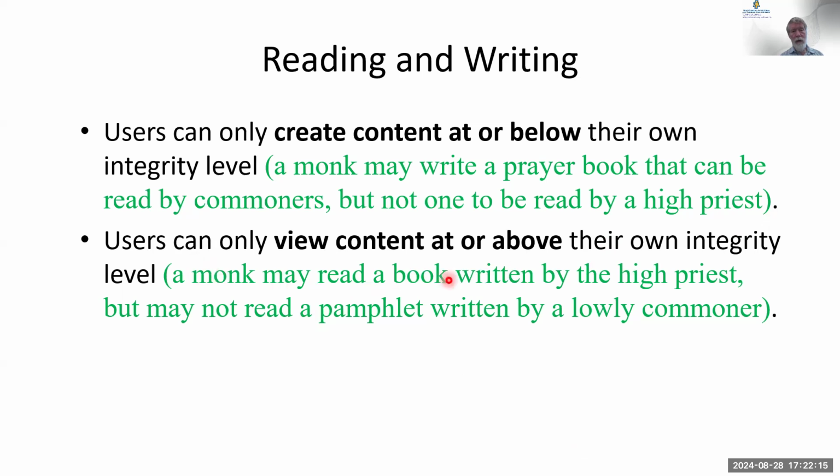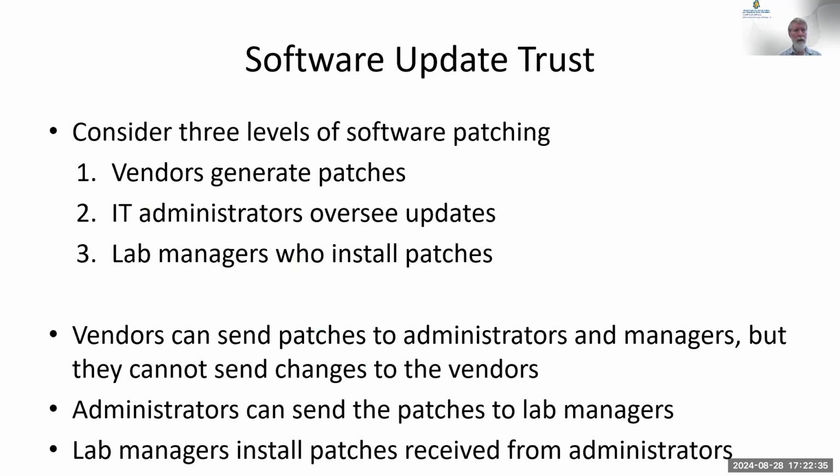They may read a book written by the high priest, but they can't read a pamphlet by the lower house. In other words, they can read at their level or read up. They can read something by the high priest at the higher level, but they can't read things from the lower level. They can write books at the same level or at the lower level.